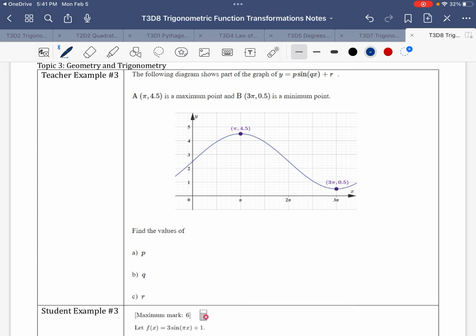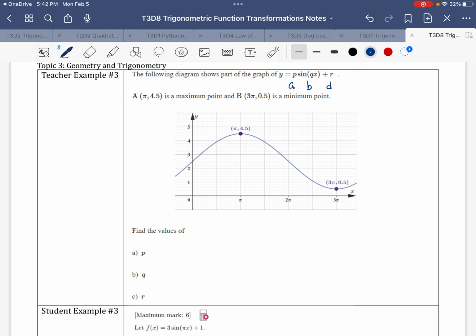But we can line up these P, Q, R values to our A, B, C values and use the same logic, right? So in this case, P is our amplitude, right? Q has to do with our period, which is going to be our B value. And then our R is our D value. All right.